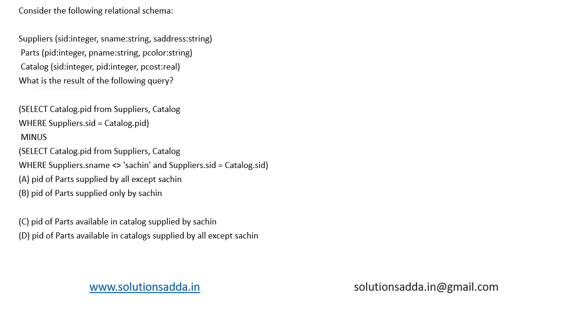This is a question from databases. Consider the following relational schema and the tables are suppliers, parts and catalog. What is the result of the following query? So there are two queries and we are performing one minus operation in this. So let's see the first query. In this query, what is happening is select catalog.pid from suppliers, catalog, where suppliers.sid equal to catalog.pid.